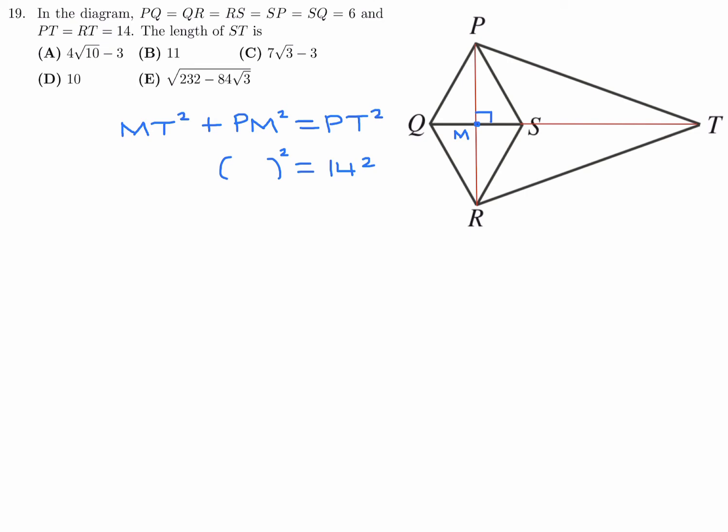And then MT, that will be, of course, what will help me figure out ST, because in the end, once I get the value of MT, they want me to figure out ST, right? So ST will just be MT minus MS. That's it. So we just have to figure out a few of these variables.